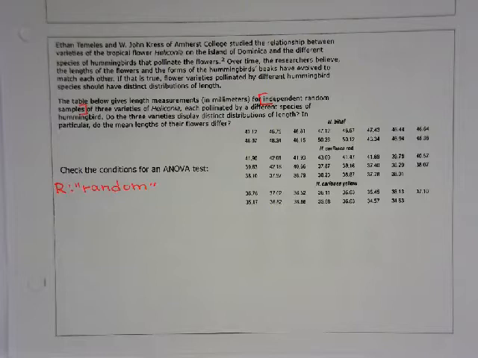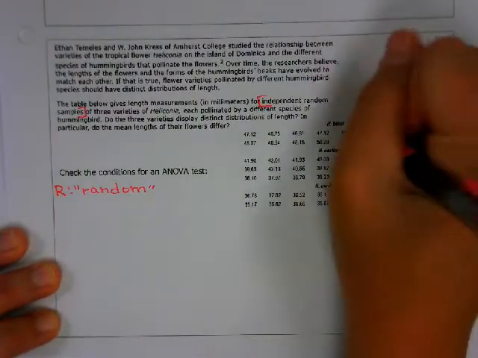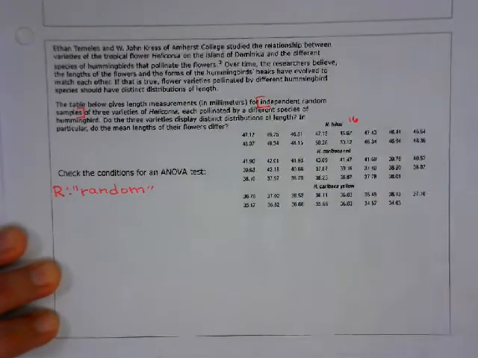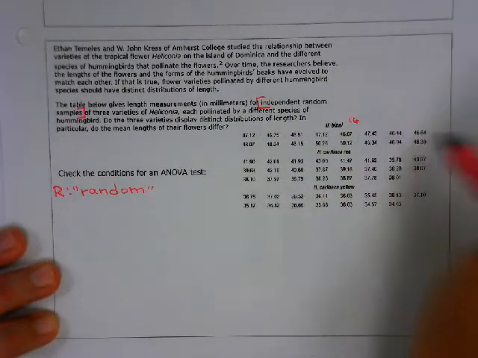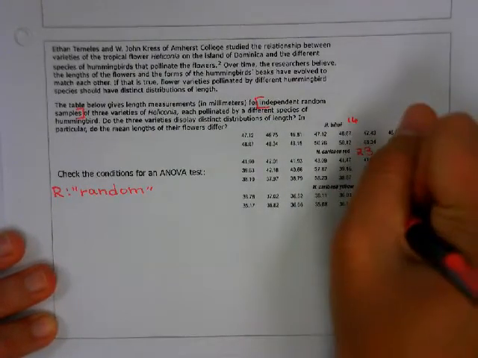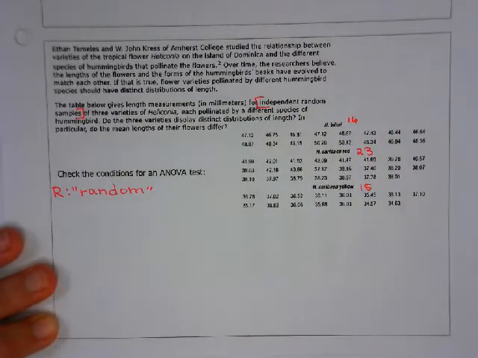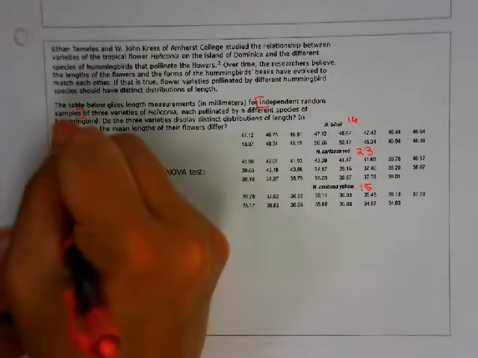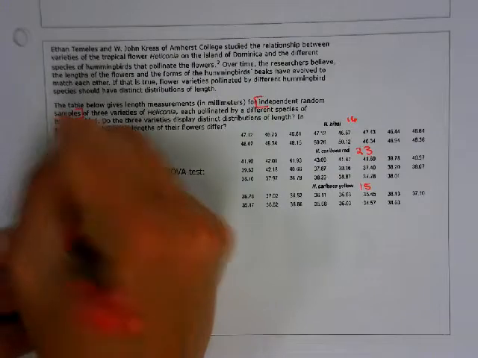So this had 16, right? Yeah, that's 16, and this one had 15. You have to check the 10% condition for each population. So 16 is less than or equal to 1/10 of the population for the flower with the bee.